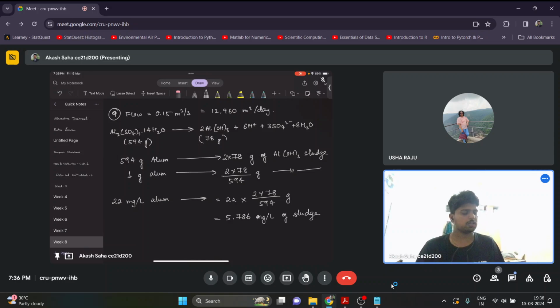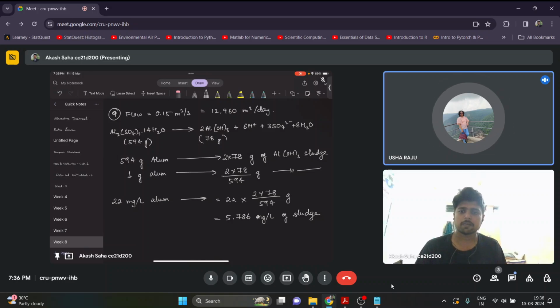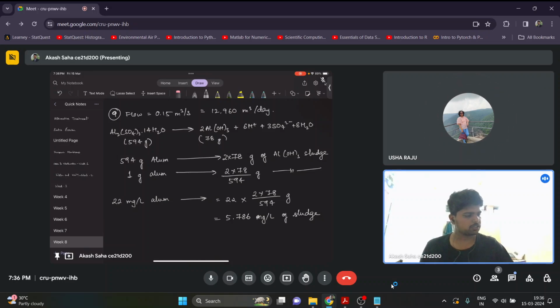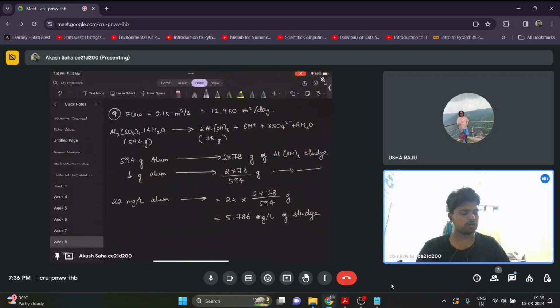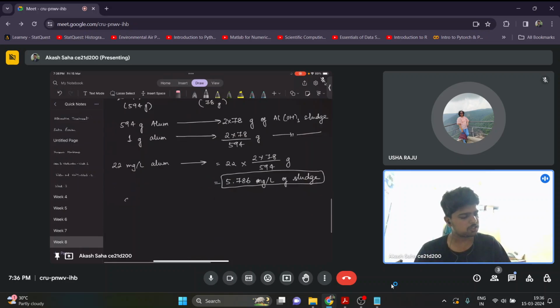Is this dose given in the question? 22 milligram per liter, yeah. It is given in the question. See, alum dosing is 22 milligram per liter. So this dose is given. So we found out the sludge with respect to my alum. So this is due to my alum. Now suspended solids are also removed. The influent was 30 milligram per liter and effluent was 15 milligram per liter.